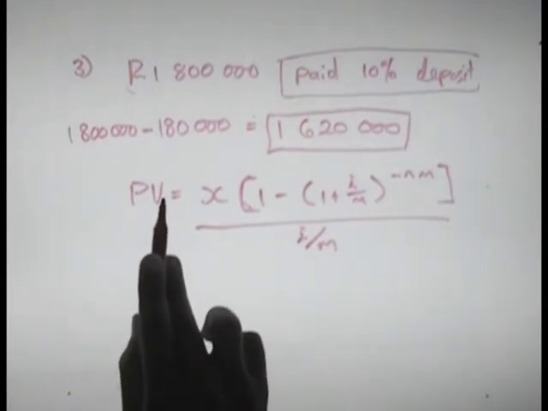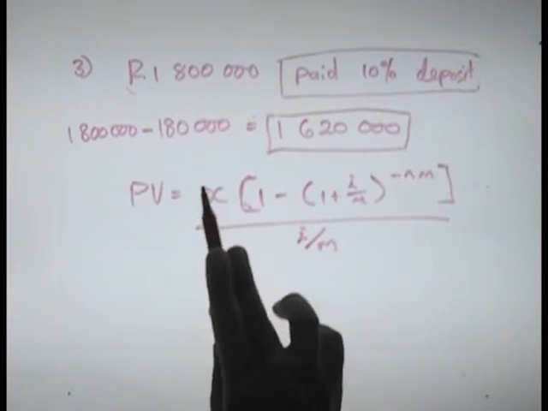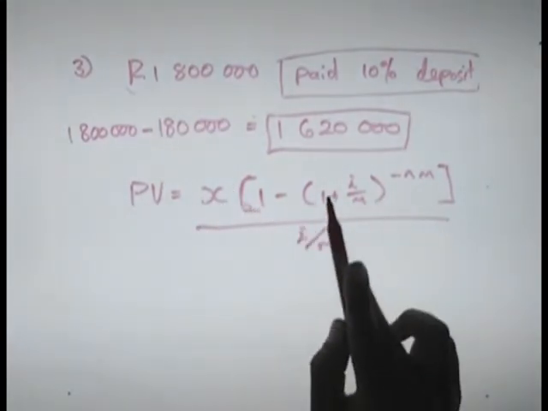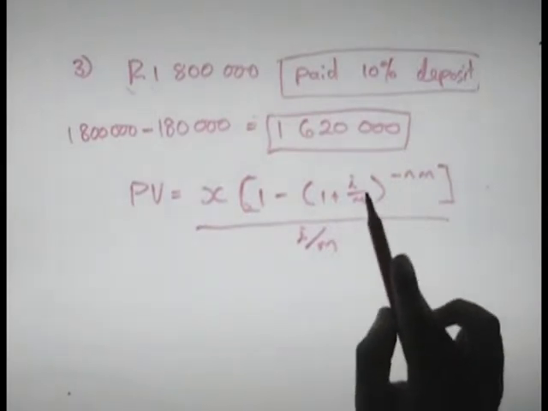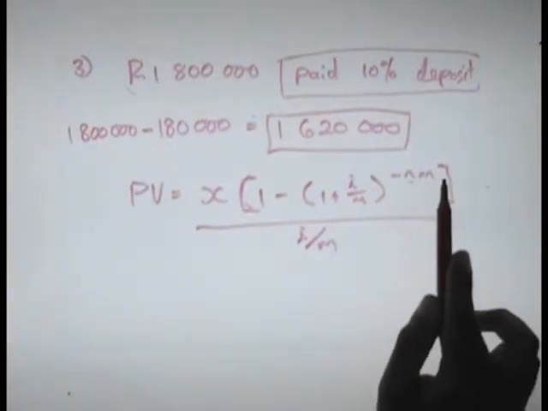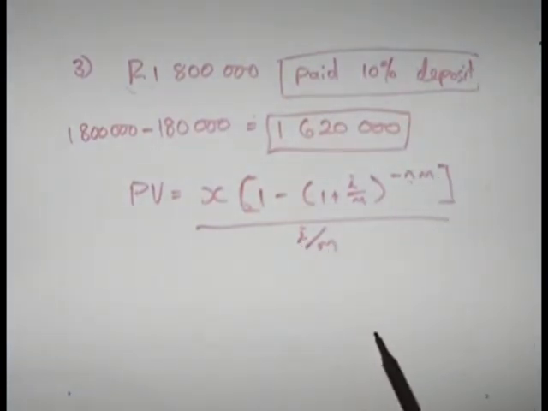This means the present value of our loan is equal to our monthly installment multiplied by 1 minus 1 plus our interest over number of compounds per year, usually 12, to the power negative number of years multiplied by number of compounds, divided by interest over number of compounds.